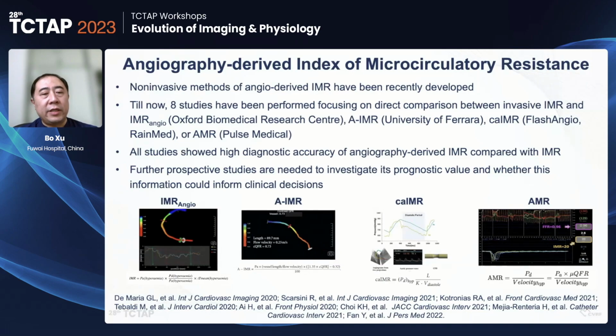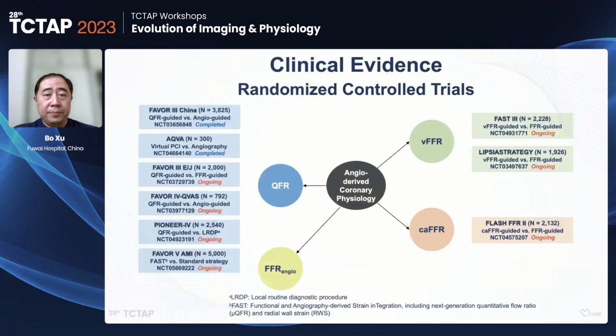All these studies show high diagnostic accuracy of angiography-derived IMR compared with IMR. However, we believe further prospective studies are needed to investigate its prognostic value and whether this information could inform clinical decisions. So what about randomized clinical evidence?